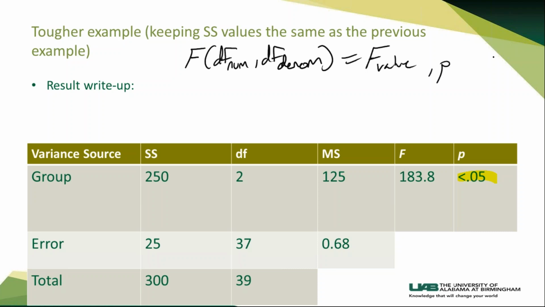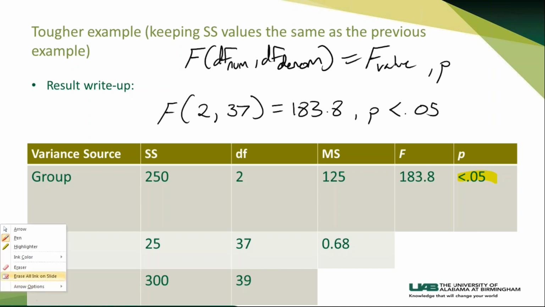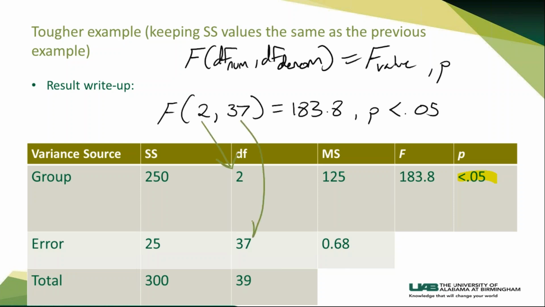So to write up this result, 2, 37, and so where did I get those things? And again, this is based off of the critical value that we compared it to, which anytime you have a value this high, you're pretty much going to be rejecting the null hypothesis. You're going to find that rejection region. You will not have to look up one that large, of course, on the exam.